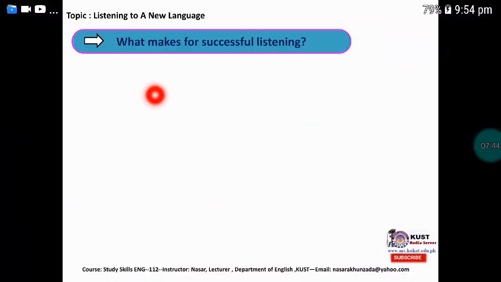What makes for successful listening? Good listening depends on a number of factors which you can measure yourself against. General intelligence seems to make a difference. As a student of languages, you have probably demonstrated intelligence already. Another is your memory.